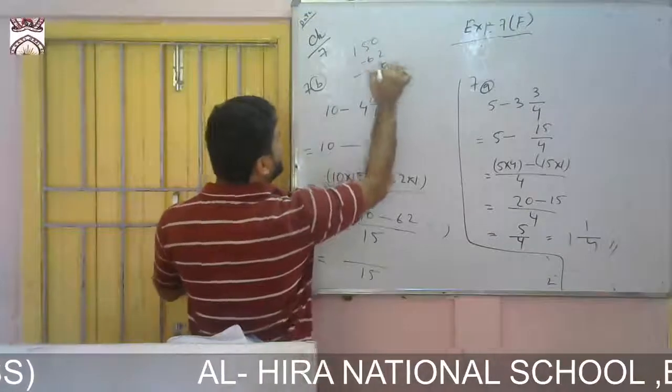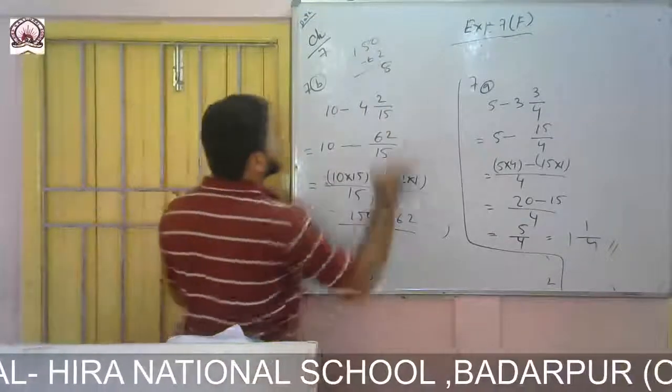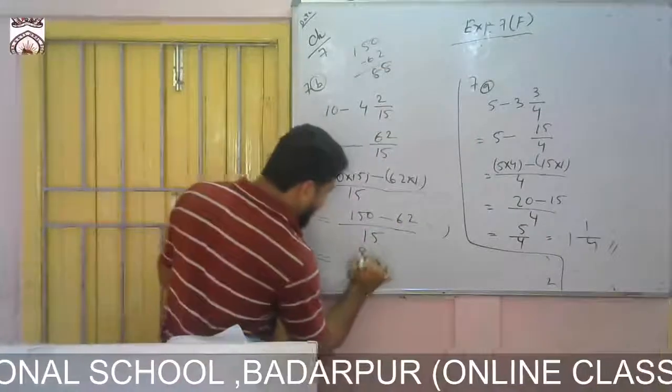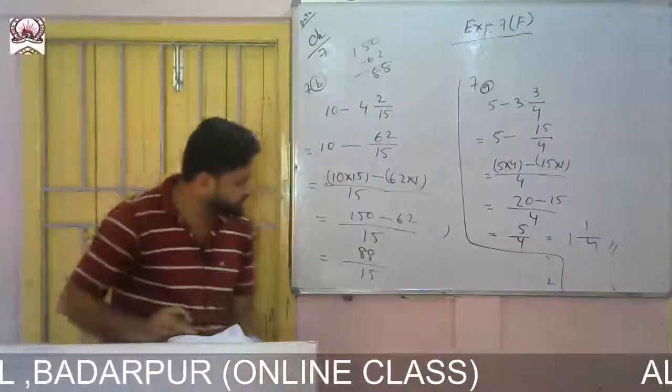10 minus 2 is 8. Here remains 4, so 14 minus 6 is 8. So 88.